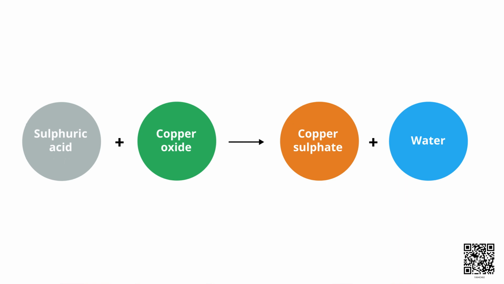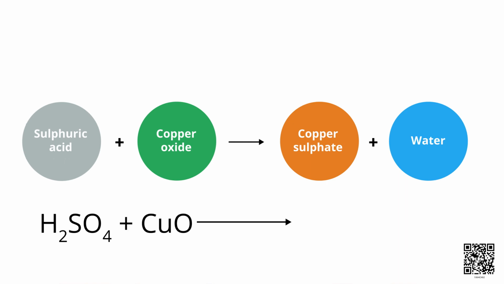Here, copper sulfate is sulfate salt of copper. Chemical equation for this reaction will be H2SO4 plus CuO, copper oxide, gives us CuSO4, that is copper sulfate, plus H2O, that is water.